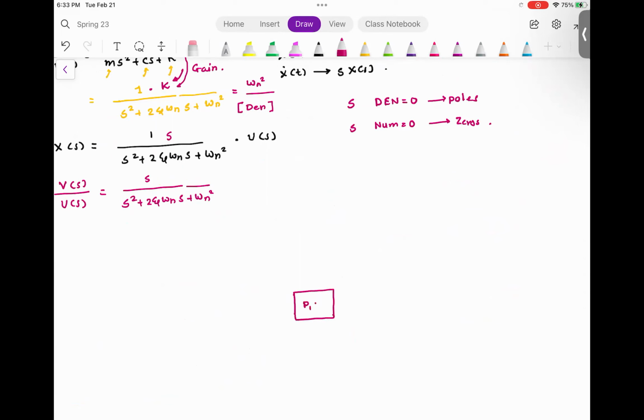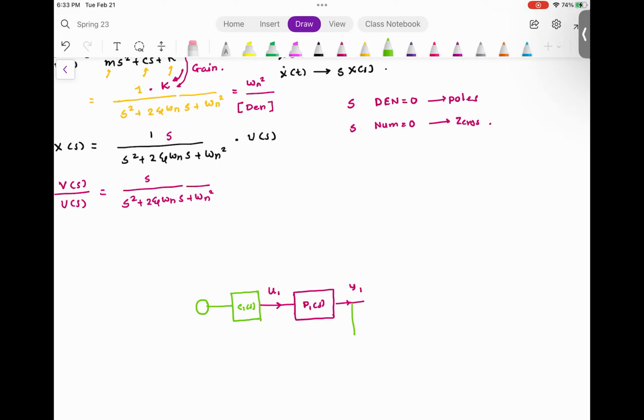So I have P1 of s. P1 has some input U1 and some output Y1. I'm going to add a compensator or a controller, C1(s), and then I'm going to add the summing junction over here.